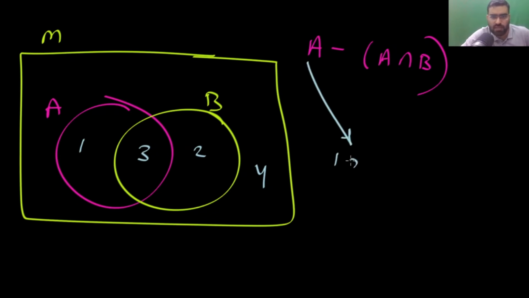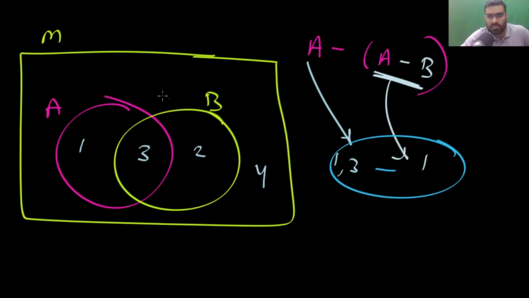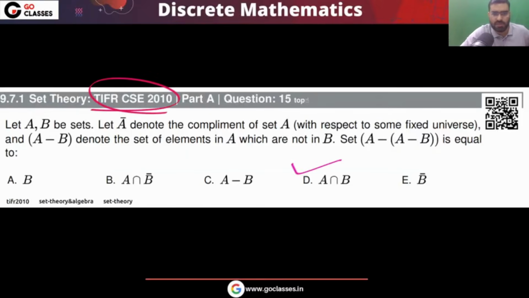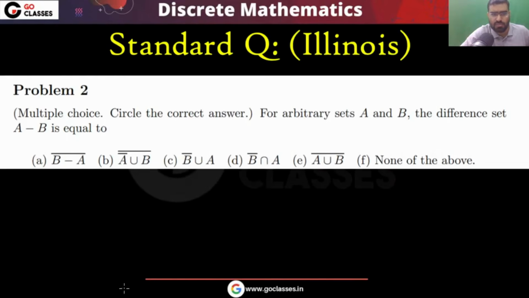Area 1 means 1 and 3, and this is A minus B. From A you remove the area of B, that is 1. So 1 3 minus 1 is 3, and that is A intersection B. So the answer will be option D for this TIFR question.